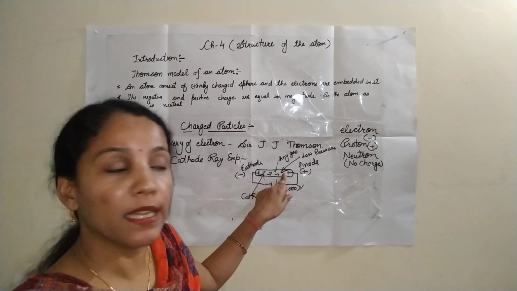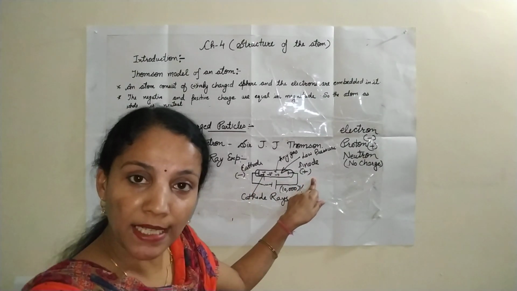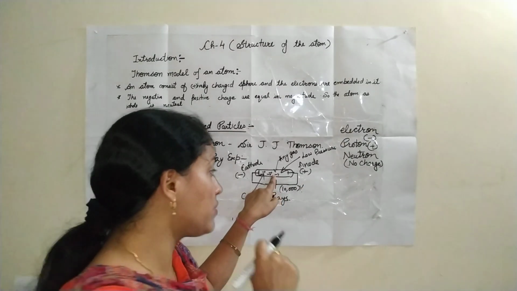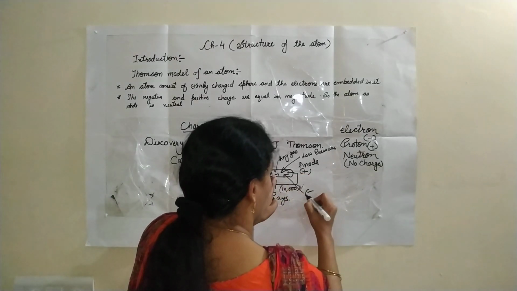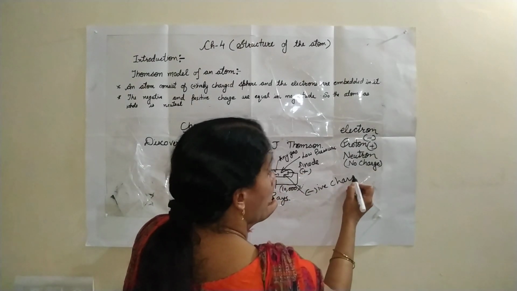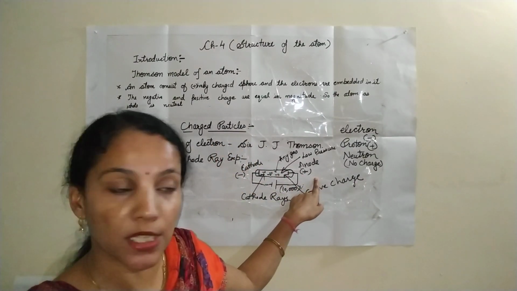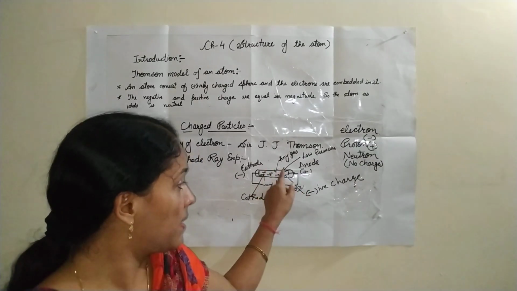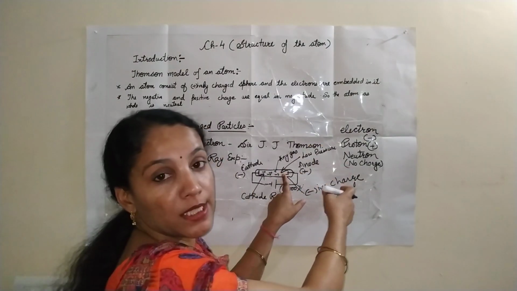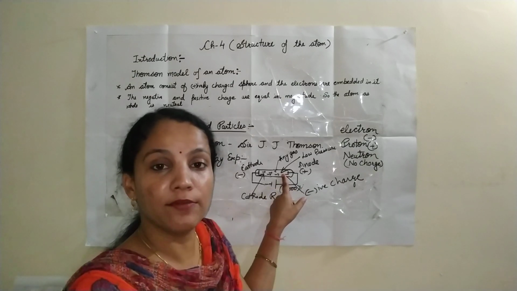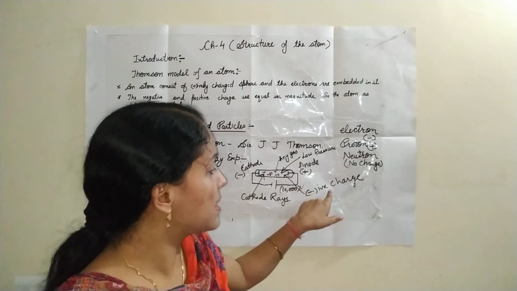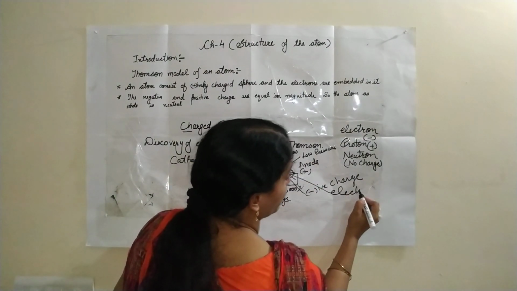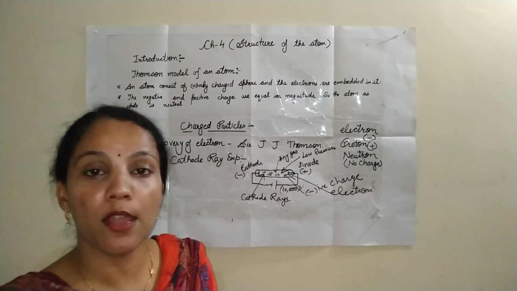And these small particles go to the positive side, means these small particles are of negative charge, because opposite charges attract each other. If this side is of positive charge, means these rays which go from cathode to the positive side are of negative charge. And J.J. Thomson said that these are electrons. This is all about electron.